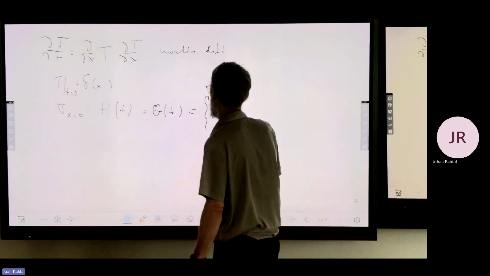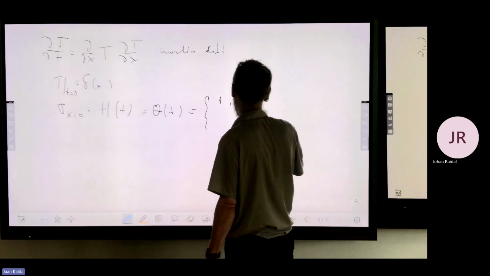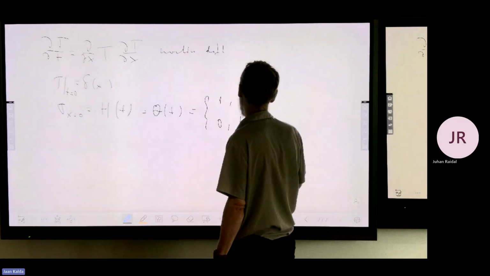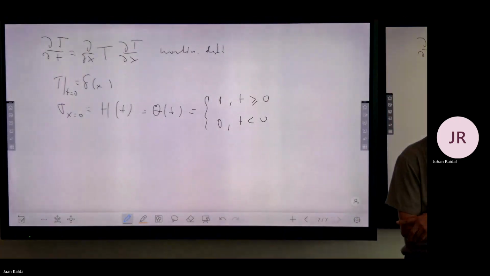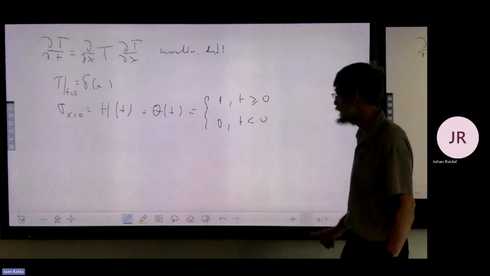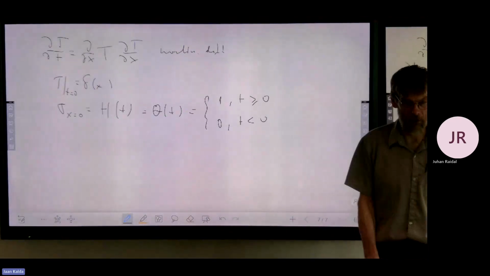This is 1 if t is larger than 0, and 0 if t is smaller than 0. That's what we solved, the second self-similar solution that we found, in black here. It was with the Heaviside function.